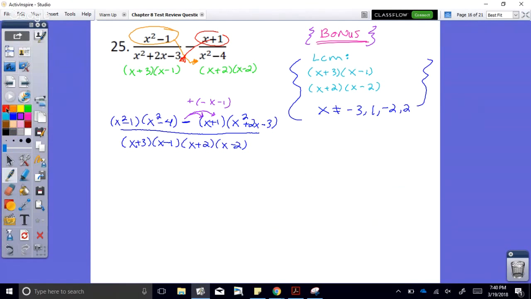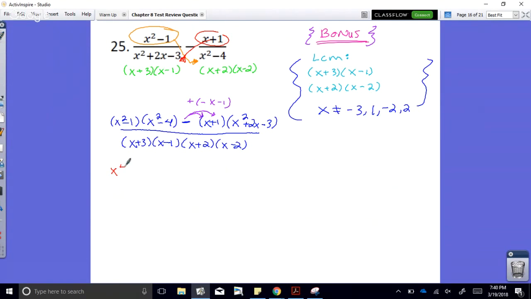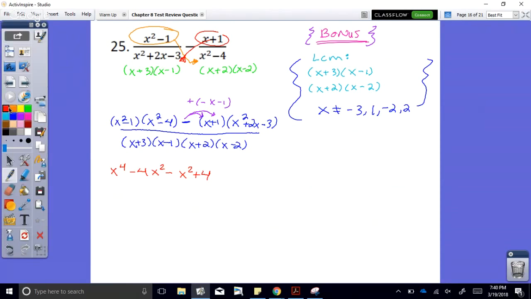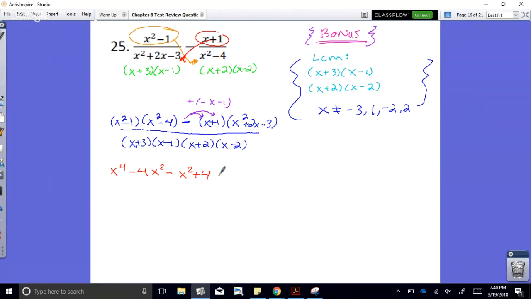And then I'm going to do some multiplying. So x squared times x squared is x to the 4th. x squared times negative 4 is negative 4x squared. Negative 1 times x squared is negative x squared. And negative 1 times negative 4 is a positive 4. On the other side, I have negative x times x squared, which is negative x to the 3rd, excuse me.